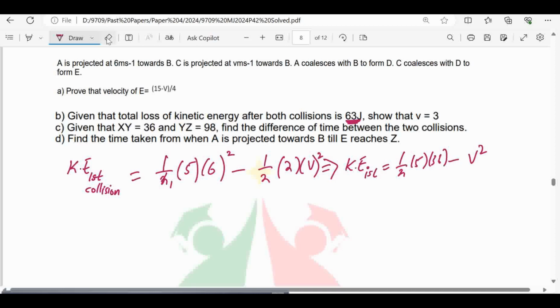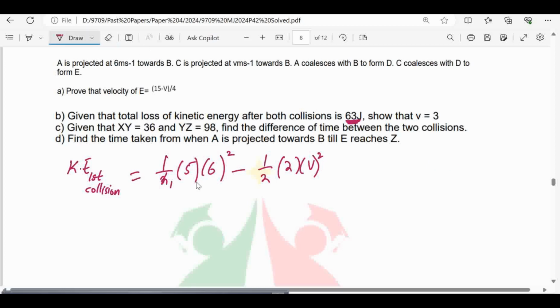Okay, we have missed the third one. We have another component also, so that is why we have to see the kinetic energy of all these three.